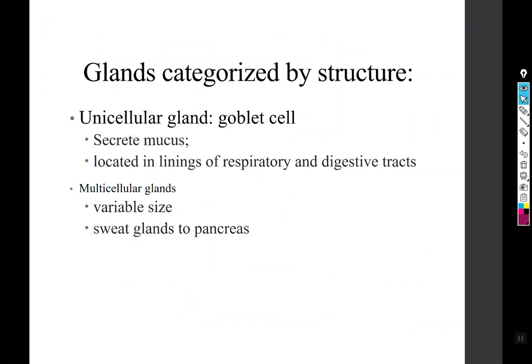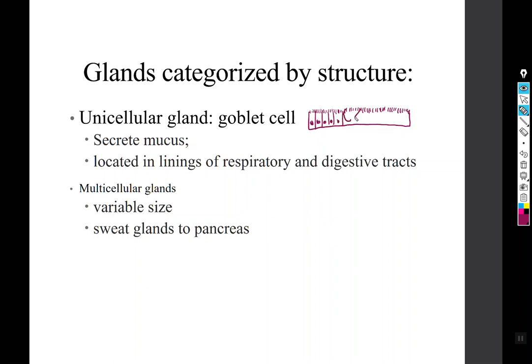All right, and I mentioned earlier that there was an exception to the multicellular gland rule, and that is goblet cells. They're called this because in the epithelium they sit in, let me see if I can draw a little bitty epithelium. Very, very lazily. So these are cilia. So this is a ciliated columnar epithelium.